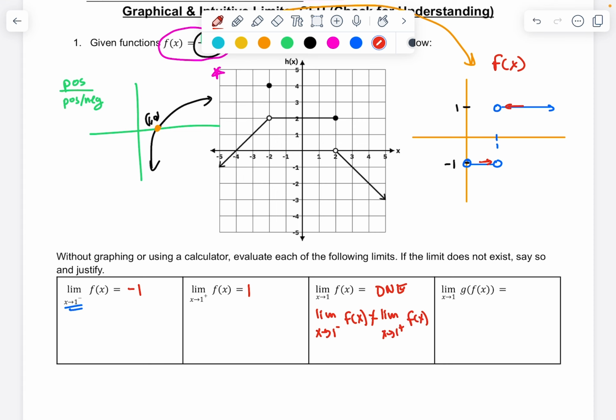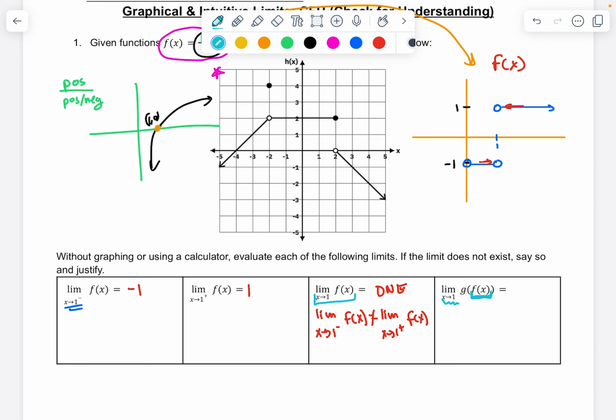But here's where it gets kind of interesting. If we compose this, the limit as x approaches 1 of g of f of x, even though the limit as x approaches 1 of f of x doesn't exist because it doesn't agree, we're going to see something interesting happen. So this is where we think. As x gets really close to 1, first it goes through f of x.